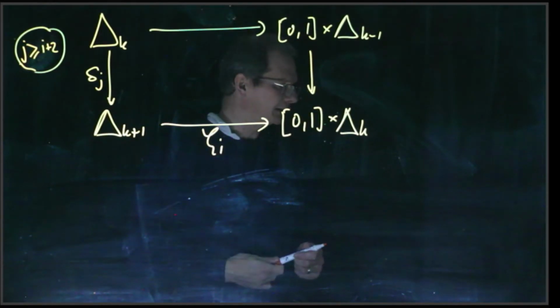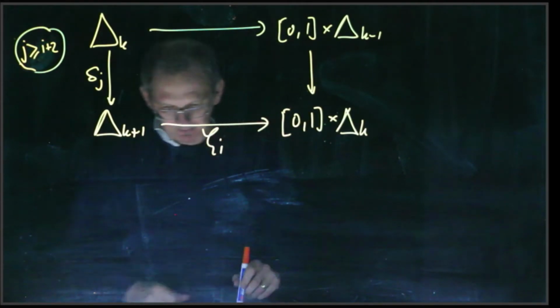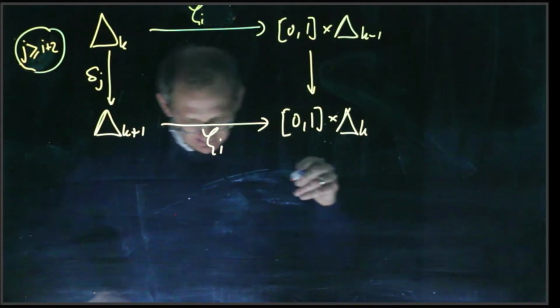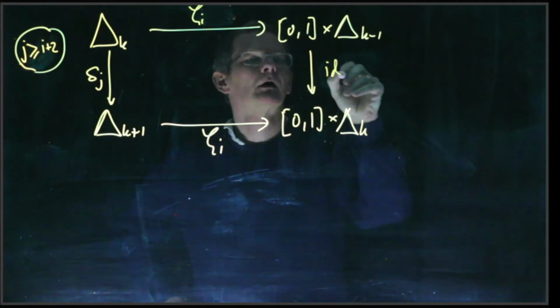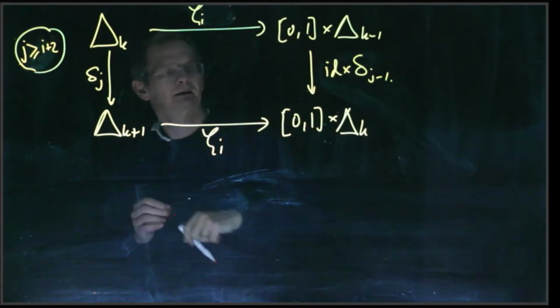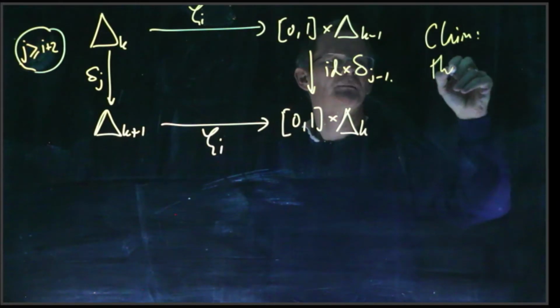I left most of this diagram in place because it's similar. But what happens here is we now have a zeta I here and an identity cross delta J minus 1. And so again, the claim is this commutes.